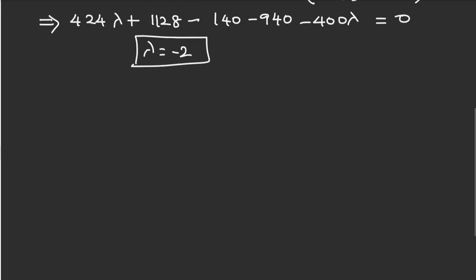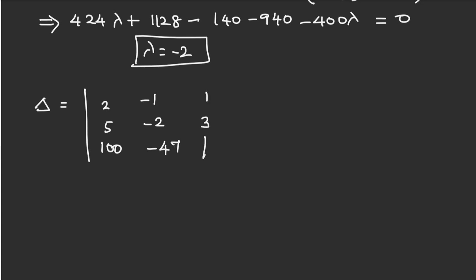Equating delta to 0: the coefficients of the x terms are 2, 5, 100, the coefficients of the y terms are minus 1, lambda which is minus 2, and minus 47, and the z coefficients are 1, 3 and mu.